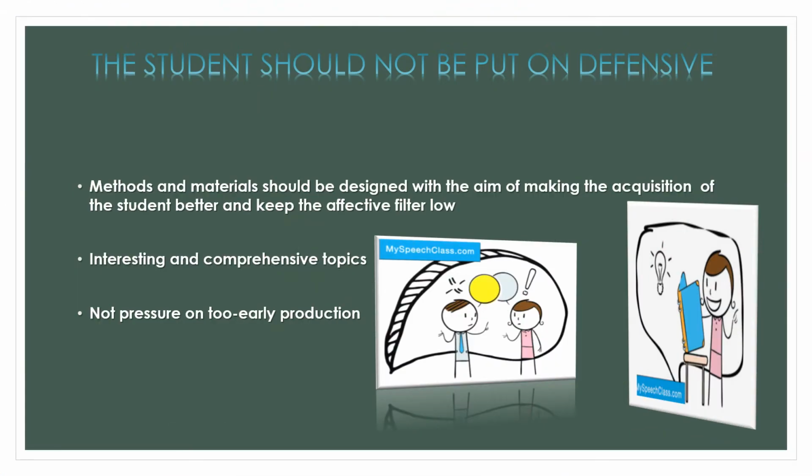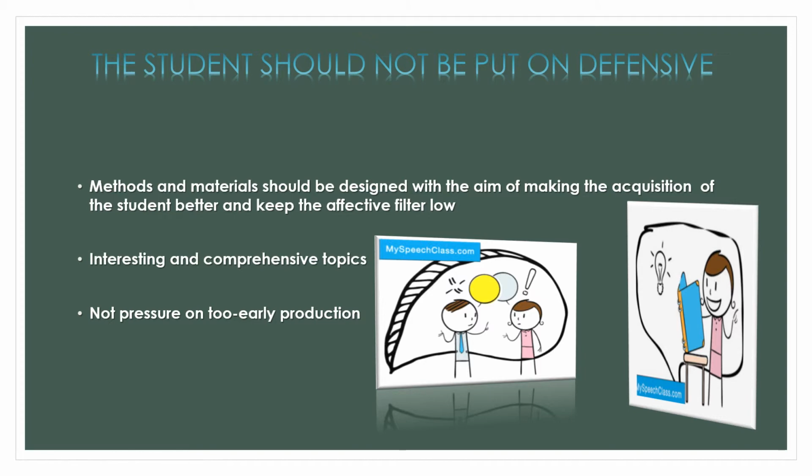We need to find interesting topics so students feel self-confident, and as a consequence, the acquisition will be as expected. About production, the best is not to force it and let the student decide when to start talking. A sure method of raising the filter is attempting to correct errors, especially in the beginning stages.